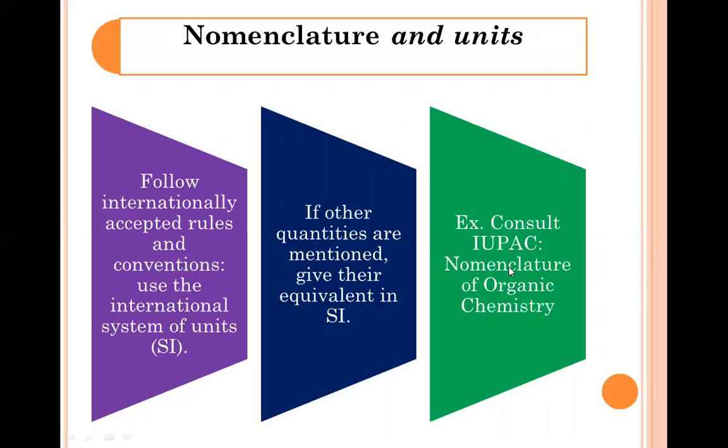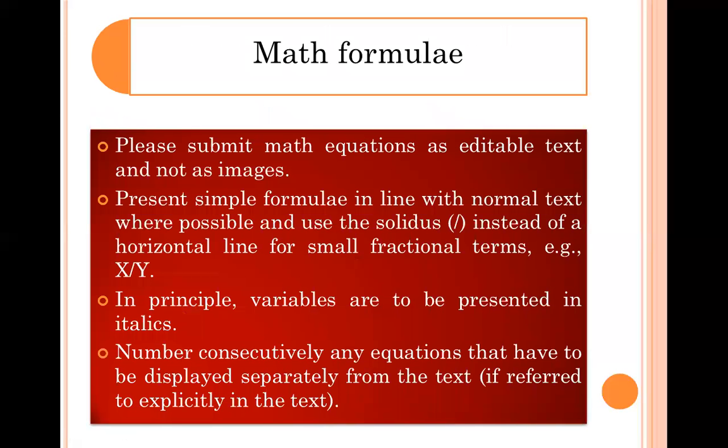They have released a standard for the nomenclature of organic chemistry, and you can very well make use of it. As far as units are concerned, please remember to use SI units, the International System of Units. If you are using some other units, convert them into SI units, and that should also be provided in your research papers. So please take good care of nomenclature and international units in your science research paper.